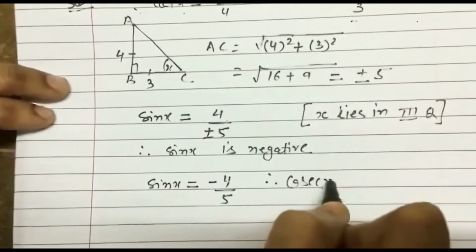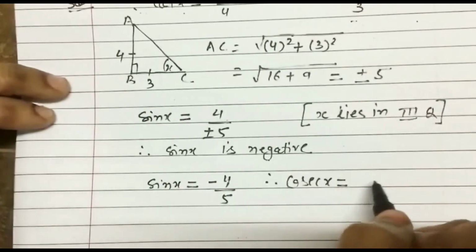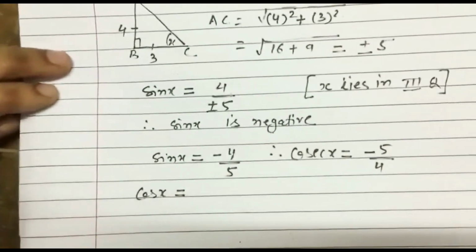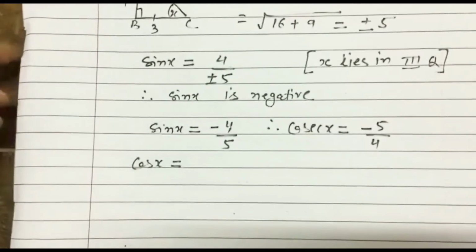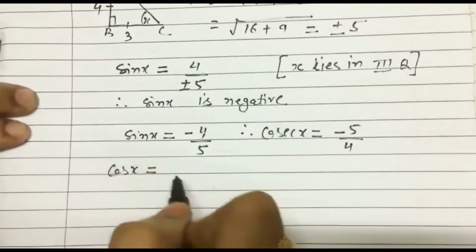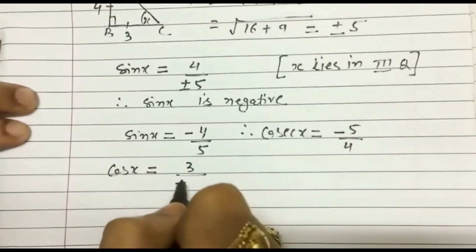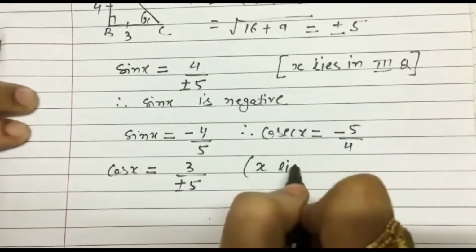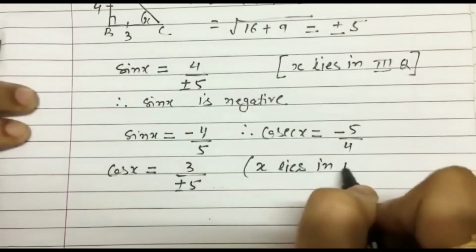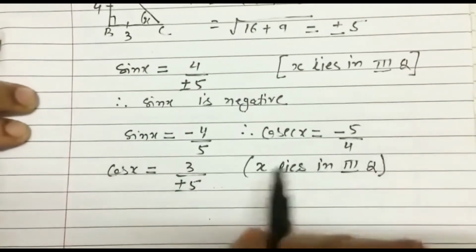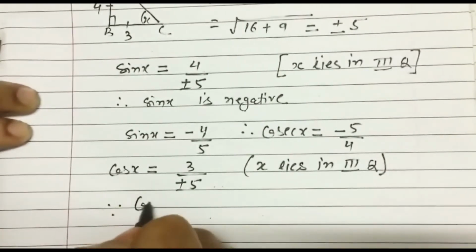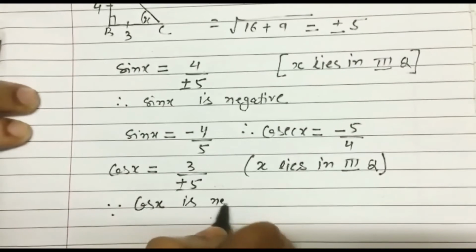Cosec x is the reciprocal of sin x, minus 5 by 4. And now find cos x. Cos x is base by hypotenuse. Here the base is 3 and the hypotenuse is plus minus 5. x lies in the third quadrant, and cos x is negative.